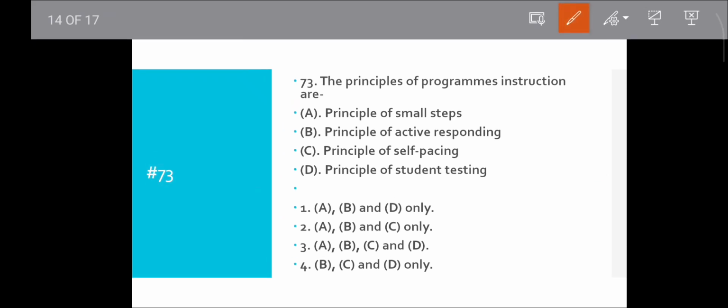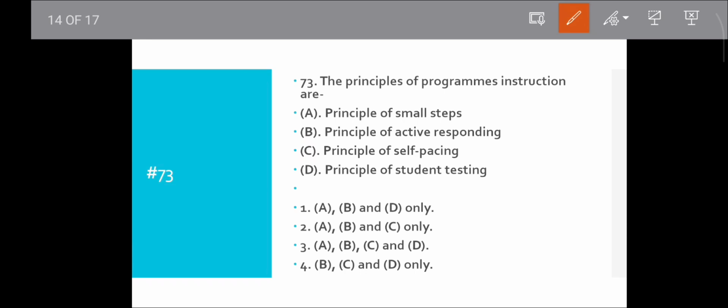Question number 73. The principles of programmed instruction are what? Principle of small steps, principle of active responding, principle of self-pacing, principle of student testing. Which will be the correct answer? As you know, B.F. Skinner is the father of programmed learning. He gives linear programming and its principles.